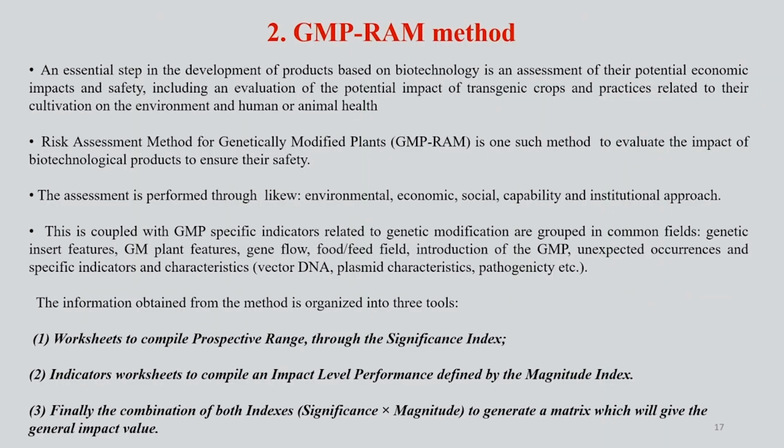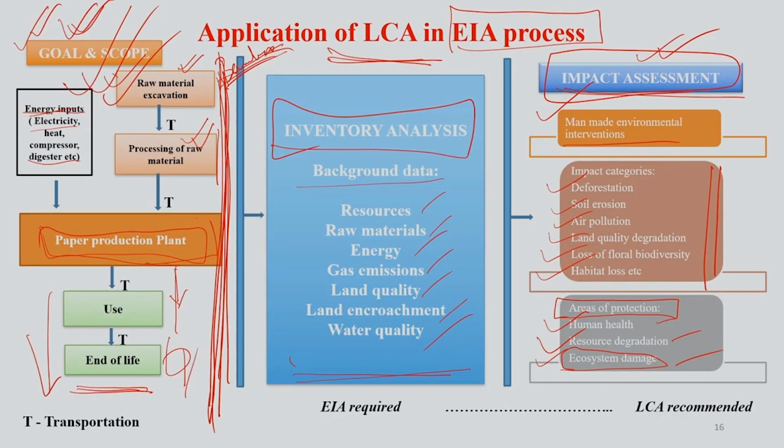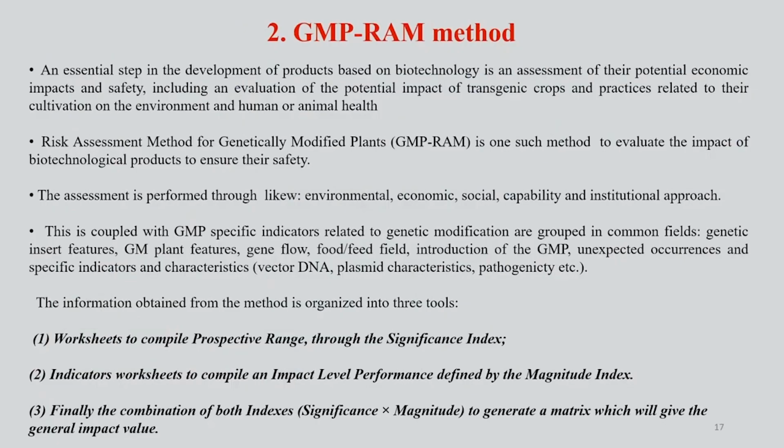GMP RAM method. This is another method. Here, what is done is that it is an essential step in the development of products and processes which are basically based on biotechnology, and it also includes the evaluation of the potential impact of various transgenic crop practices related to their cultivation on the environment as well as human or animal health.